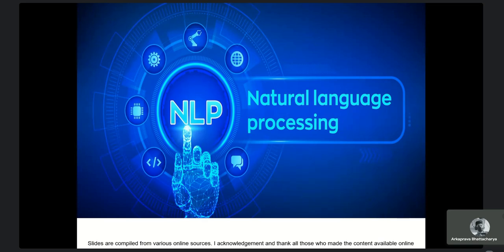So it is very important for us to understand the basics of natural language processing. I would make you understand what natural language processing is, why it is very important, why most of the research is being done in natural language processing, and so on.